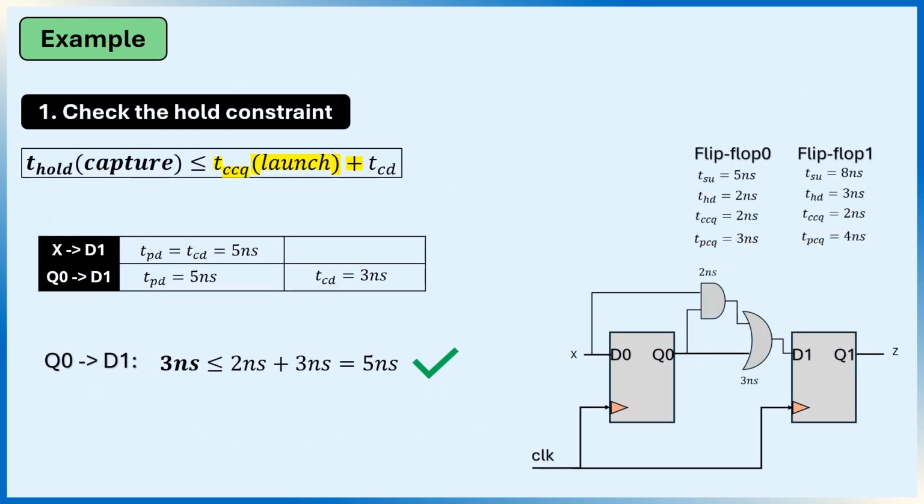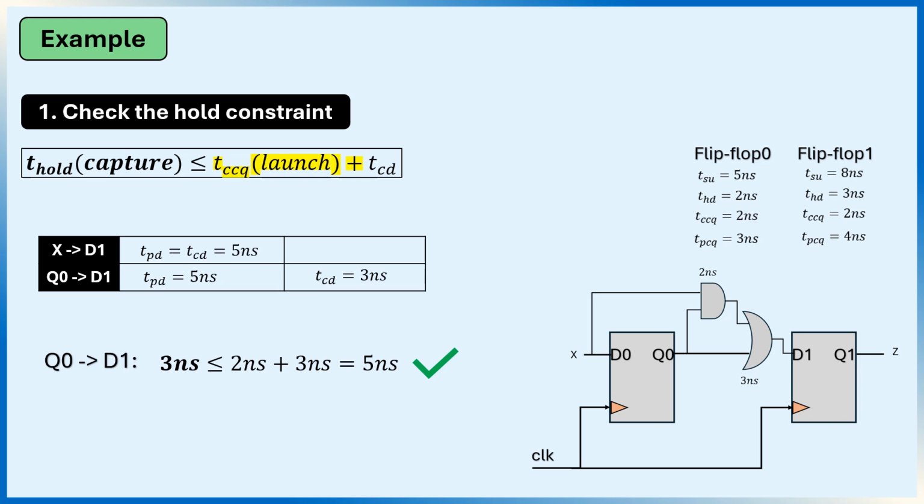Now that we have updated the flip-flop timing values with the clock-to-Q contamination delay and clock-to-Q propagation delay, let's check the hold constraint again. We will look at the path from Q0 to D1. The hold time requirement of the capture flip-flop is 3 nanoseconds. The launch flip-flop has a clock-to-Q contamination delay of 2 nanoseconds, and the contamination delay of the combinational logic is 3 nanoseconds.